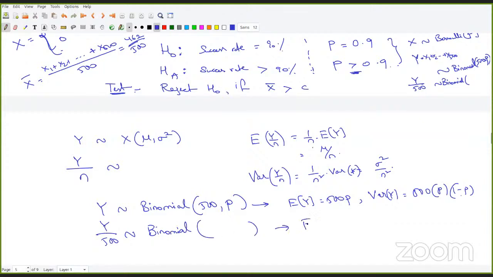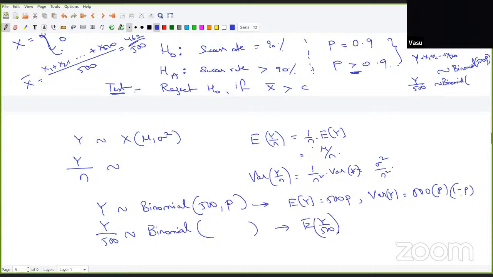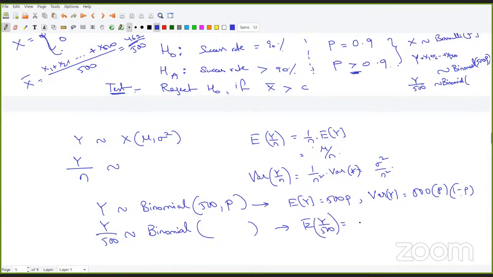The expected value of Y by 500 will be p, as 500 will come out. And the variance of Y by 500 will be sigma square by 500 square, that is p into 1 minus p by 500.